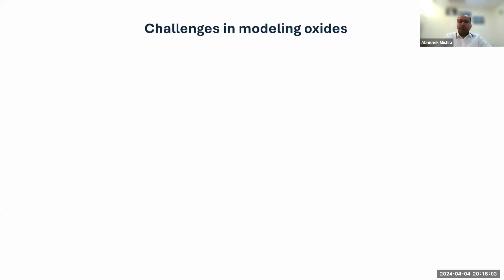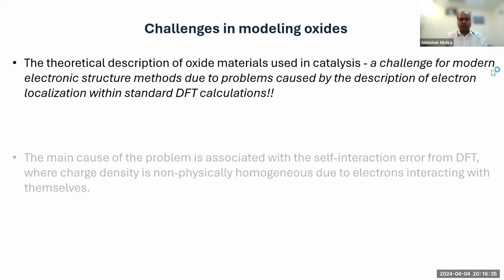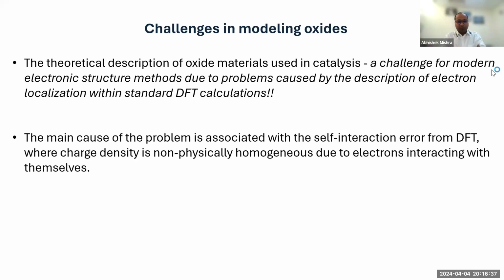But there are some issues when you try to model the oxide, specifically the transition metal oxides. The challenge for modern electronic structure methods is the inaccurate description of the electron localization within standard DFT calculations. That is the well-known problem of pure DFT calculation. There is no exact description of this electron localization, and this is mainly due to the self-interaction error in DFT.